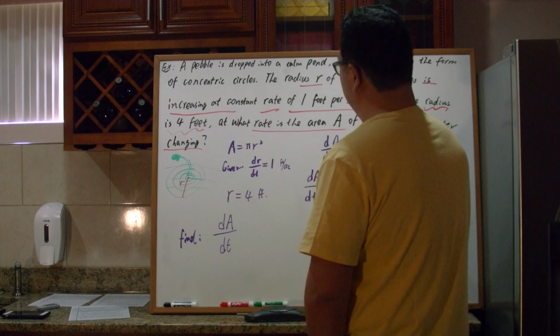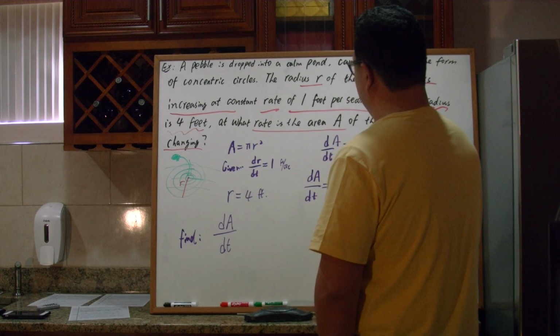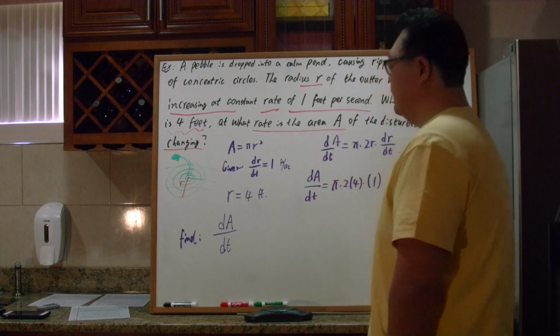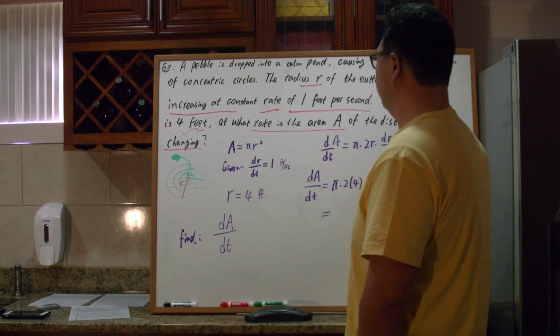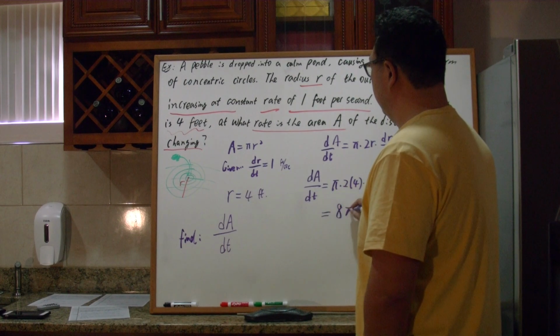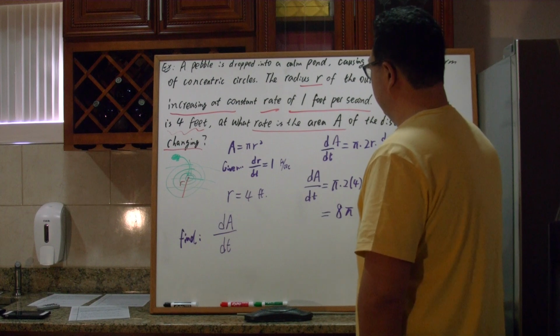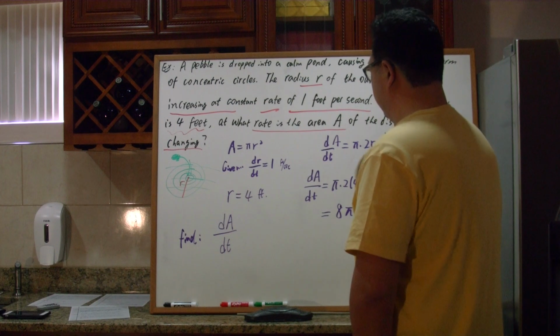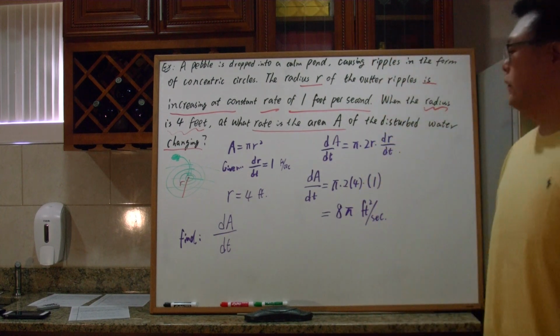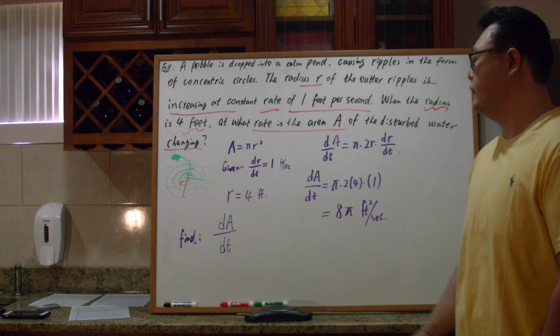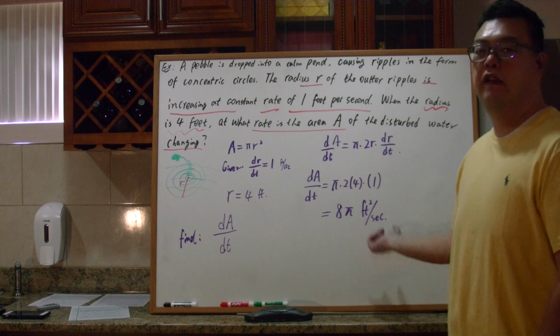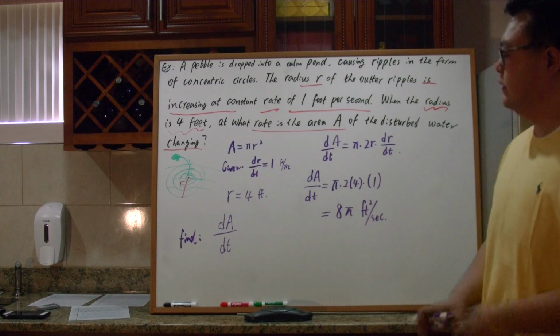With r at 4 feet and dr/dt at 1 foot per second, we get 2 times 4 times 1, which is 8 pi square feet per second. For the conclusion, the area is changing at a rate of 8 pi square feet per second.